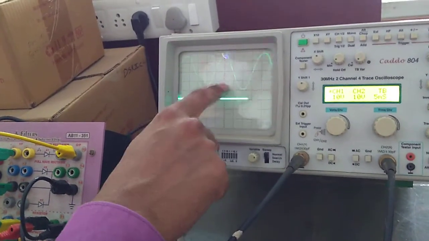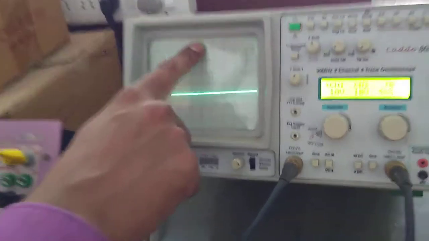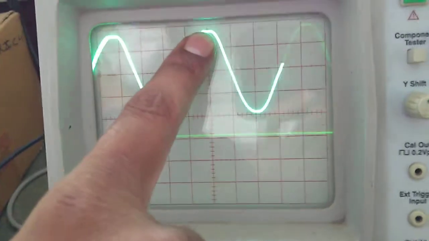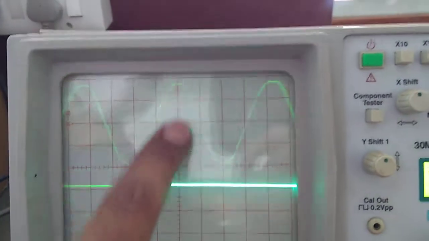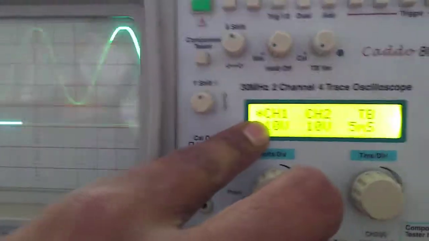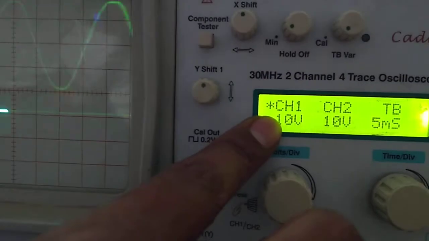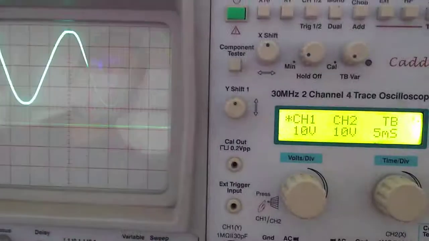So this is again 1, 2, 3, 3.8 number of divisions multiplied by this 10 volts. So this is the multiplying factor. So again the voltage will be 38 volts peak to peak AC.